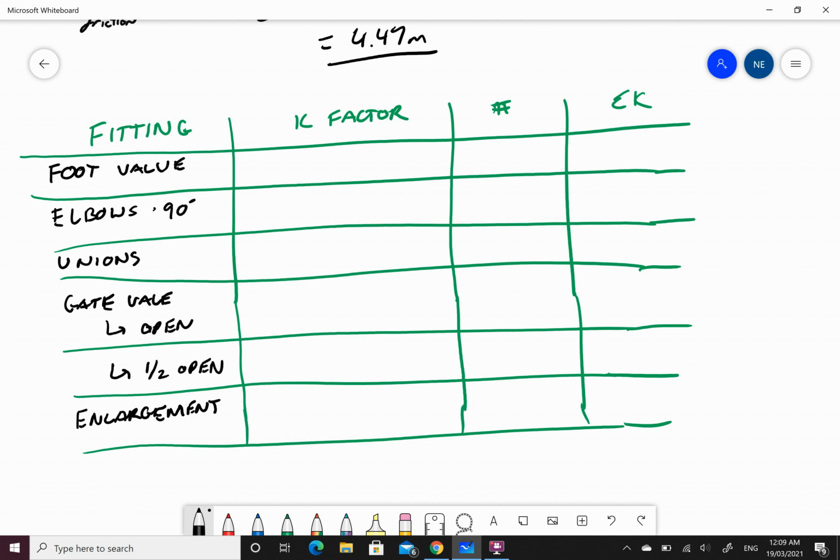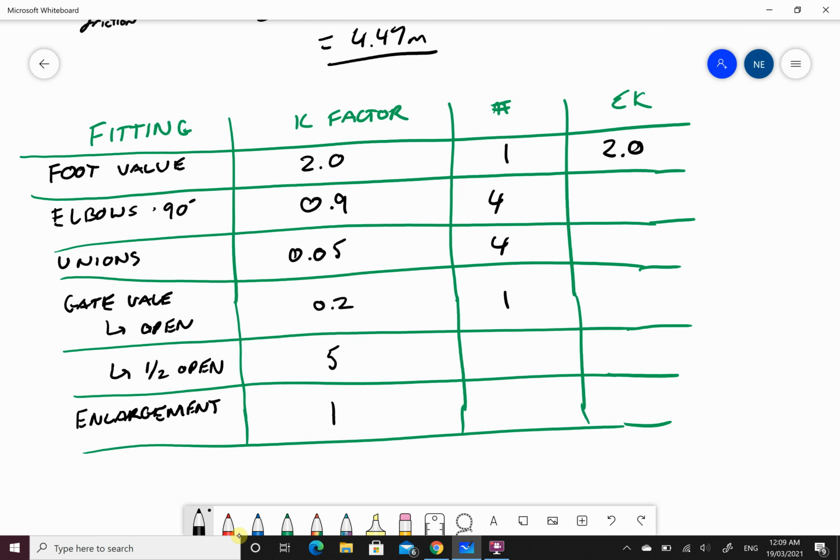Foot valve, K factor 2. How many do I have? I have 1, gives me a K factor of 2. My elbows, 0.9, and I had 4. Unions, 4. My open gate valve, my half open gate valve, 1.